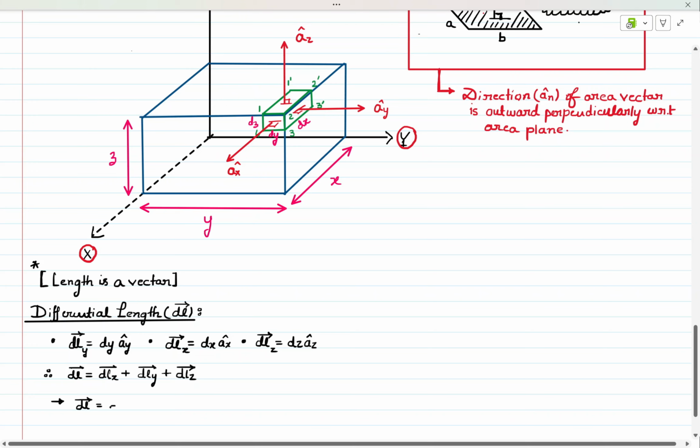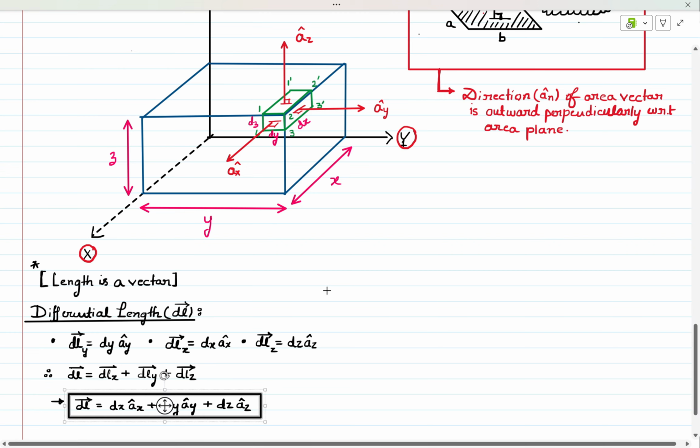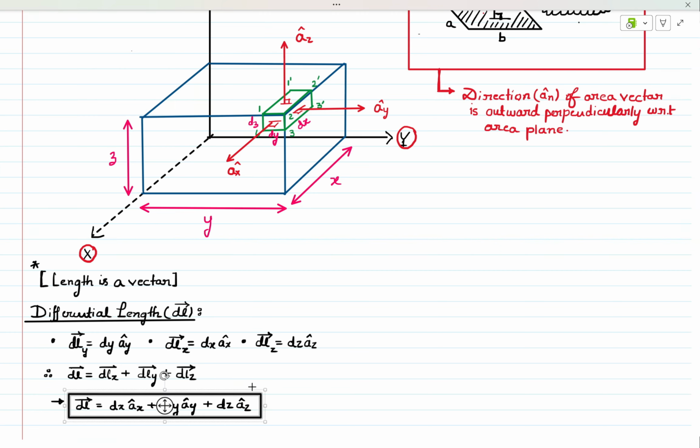This can be written as dx in the direction of x, dy in the direction of y, dz in the direction of z. This is the actual formula for the differential length inside the Cartesian coordinate system. And this is very important.